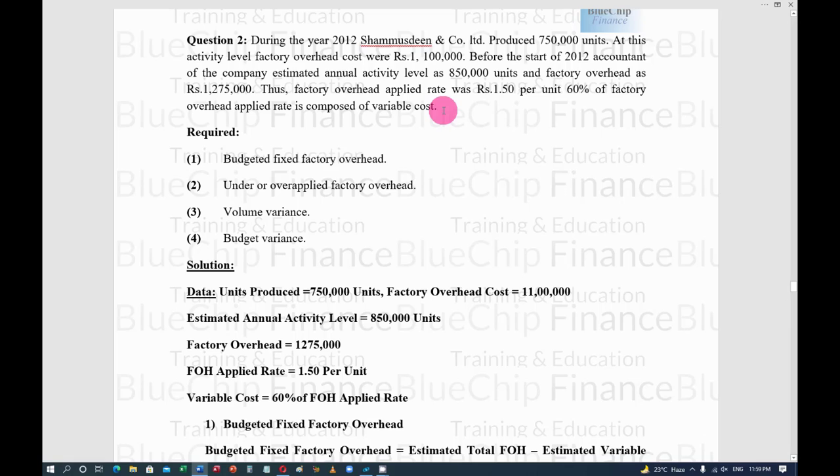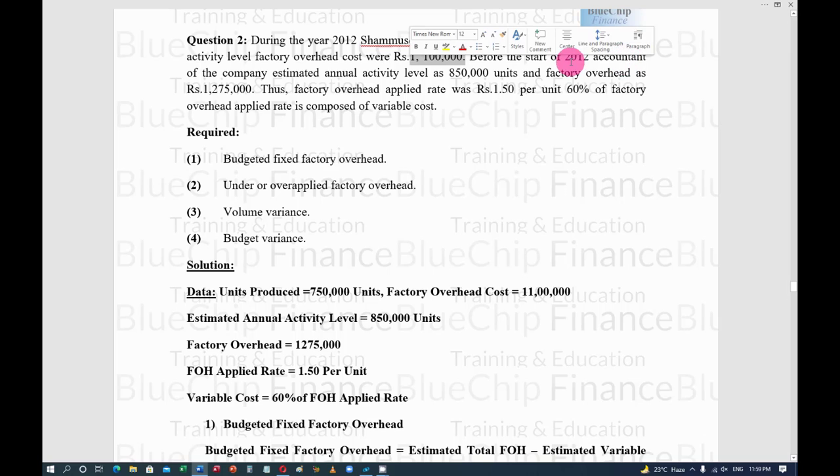The first important thing is to extract the data from the question. During the year 2012, the company produced 750,000 units, which means these 750,000 units are capacity attained. At this activity level, factory overhead cost was rupees 11 lakh, so actual factory overhead is 11 lakh.